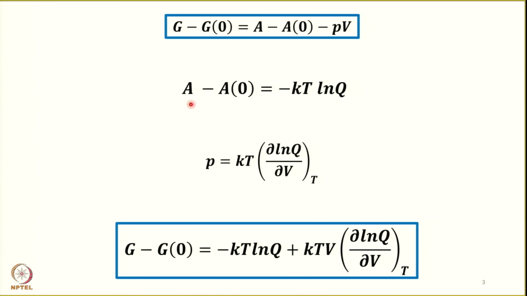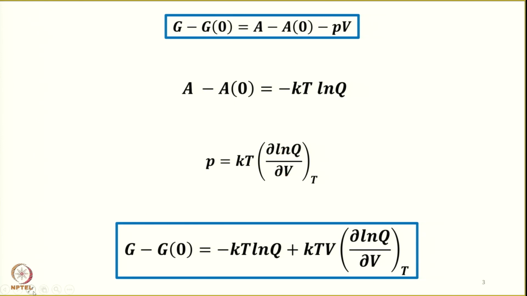A minus A0, we have already derived, is equal to minus KT log Q. K is Boltzmann constant, T is temperature in Kelvin, and Q is canonical partition function. We have also derived an expression which connects pressure with canonical partition function. Here pressure is equal to KT into partial derivative of log Q with respect to volume at constant temperature.